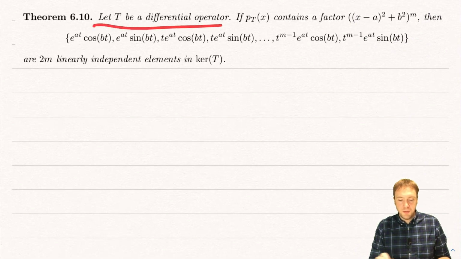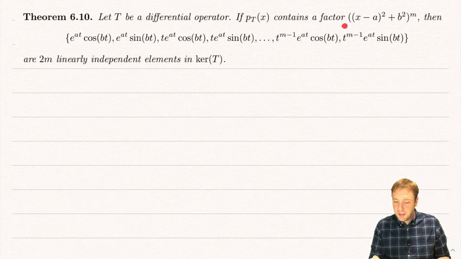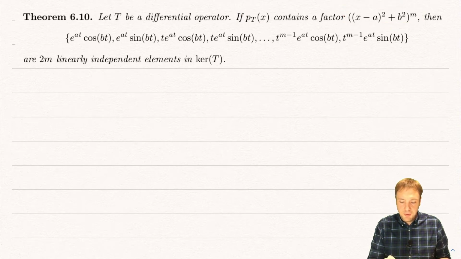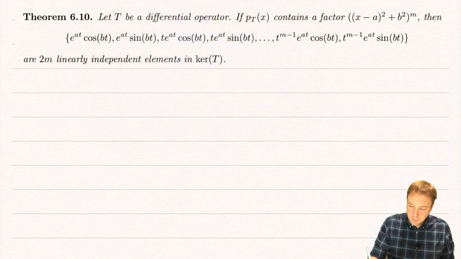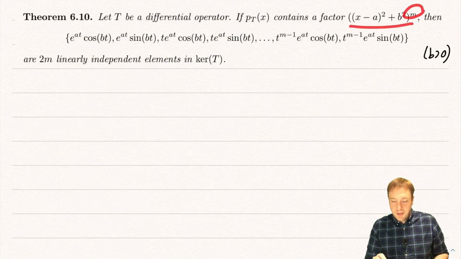So let's assume we have a differential operator T, and the characteristic polynomial has a factor of this form here, (x minus a) squared plus b squared, and I should always say b is greater than 0, to the power m.